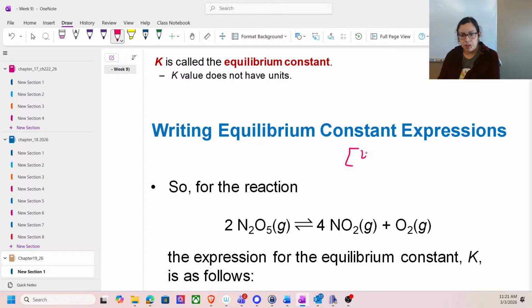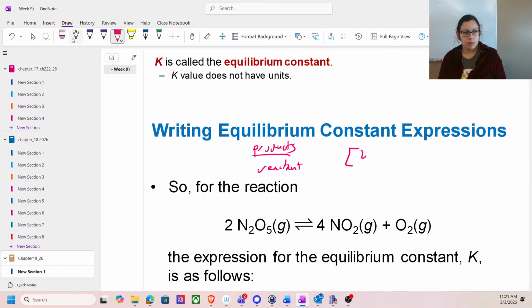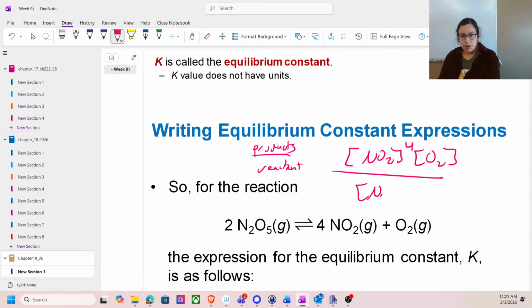So again, I'll just sketch it out. And maybe you even want to write, okay, products over reactants, just so you don't forget. So then it's my concentration of NO2 to the power of 4 times O2 over N2O5 squared, right?